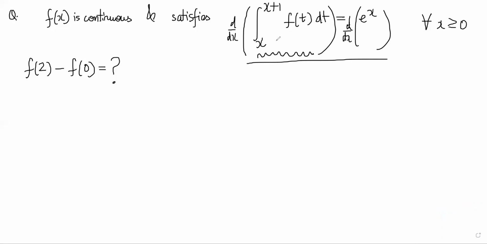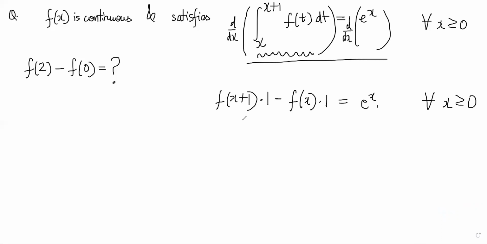So here when I differentiate, what will happen? f(x plus 1) and the differentiation of x plus 1, that is 1, minus f(x) and 1, is equal to e power x. Now it is obvious, if it is true for all x greater than 0, then if you put 0, f(1) minus f(0) is equal to e power 0.